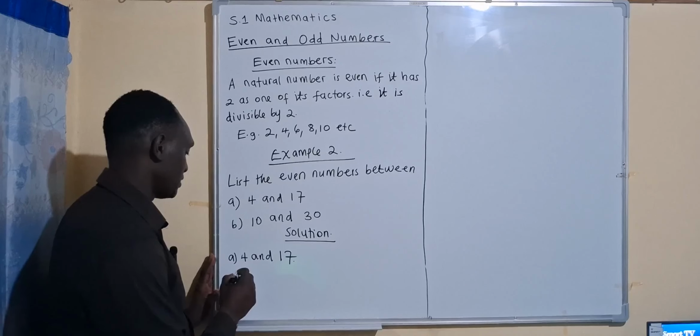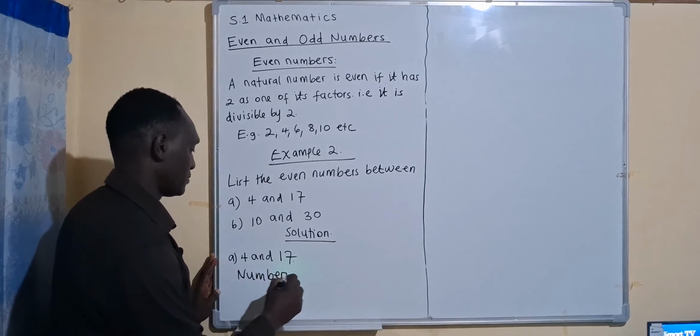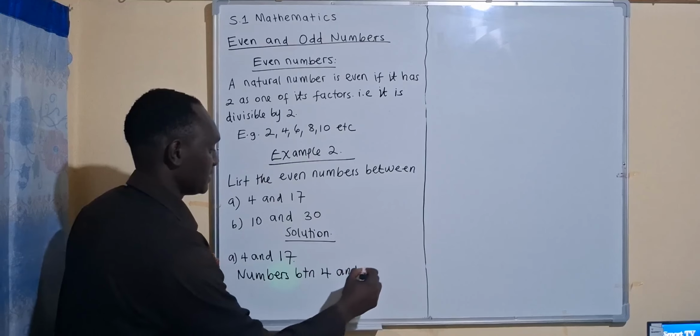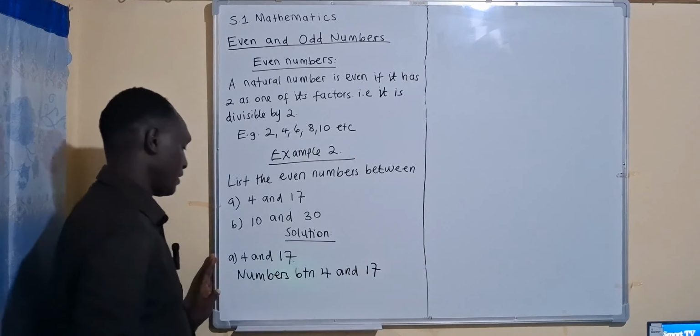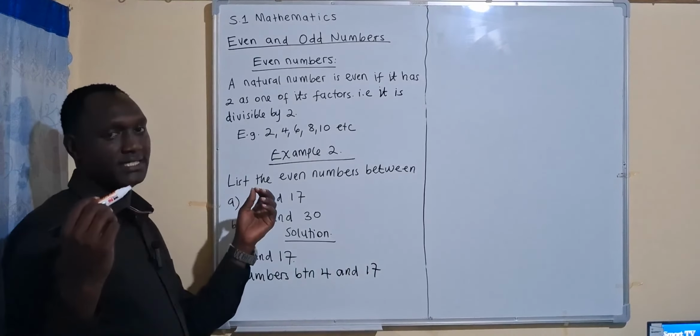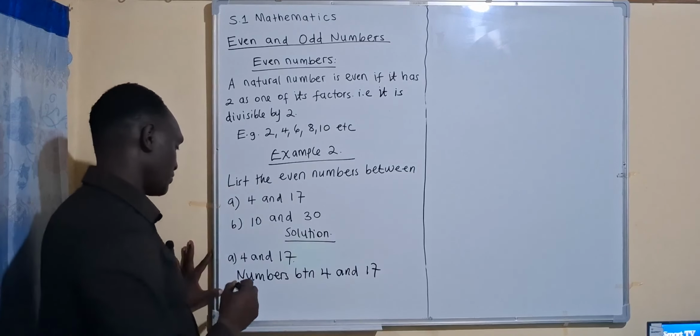That means numbers between 4 and 17. Now, between 4 and 17, that means 4 and 17 are the boundaries. So we are looking for the numbers in that range.